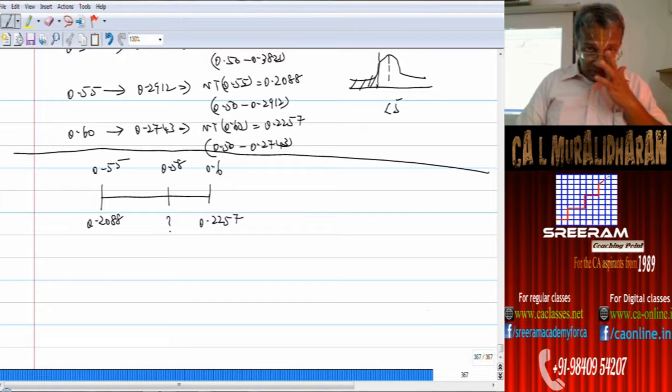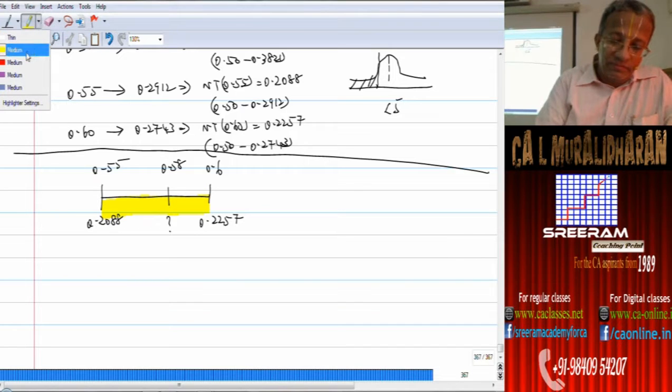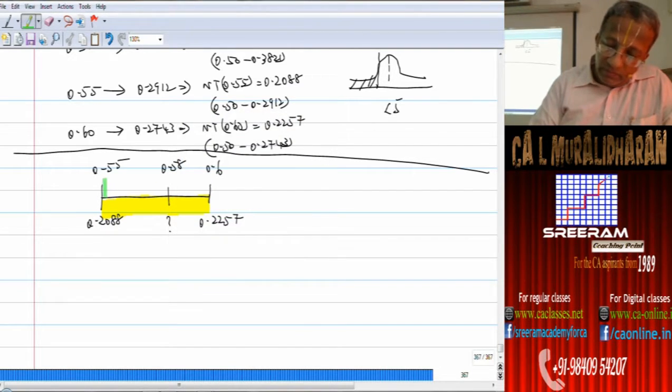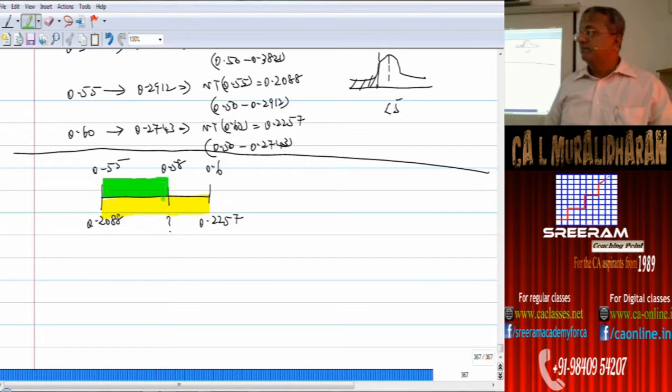Interpolation is not a big issue at all. This value is the total value. This is the value that we are seeking. Correct?